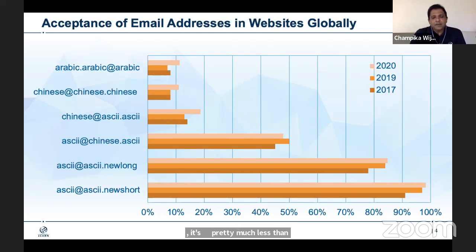Whereas when it comes to ASCII-based mailboxes and IDN-based domains, it is much better than Unicode-based mailboxes. Still, the figures are going into like 80–90% or so. These measurements have been taken over the years, from like 2017, and we see there is some improvement, but still it is not really 100%, just like ASCII email IDs.